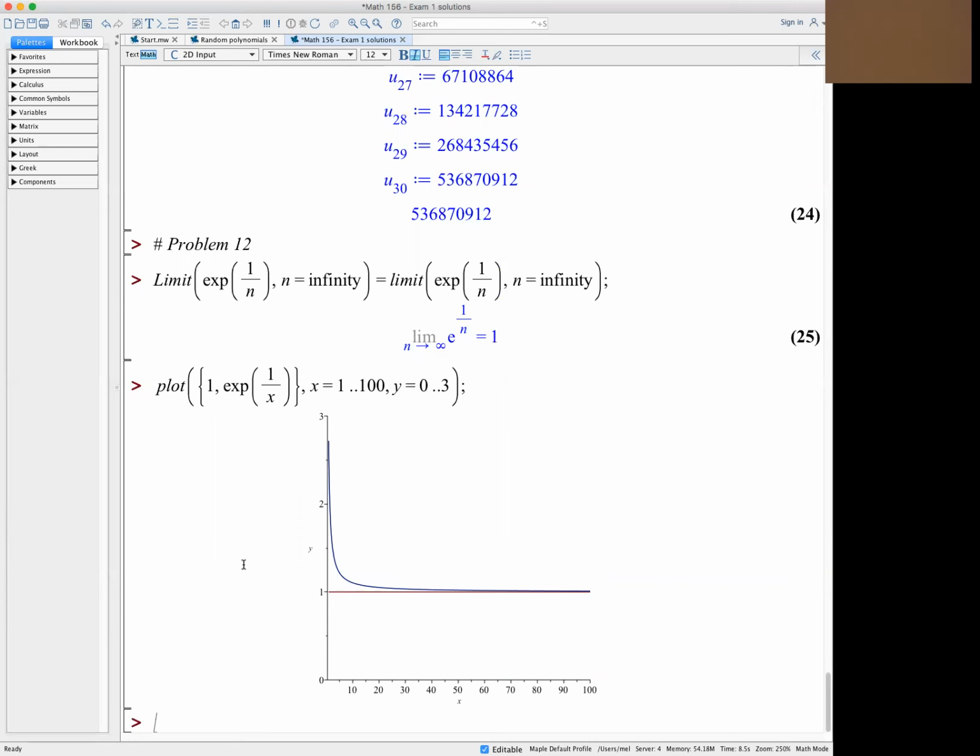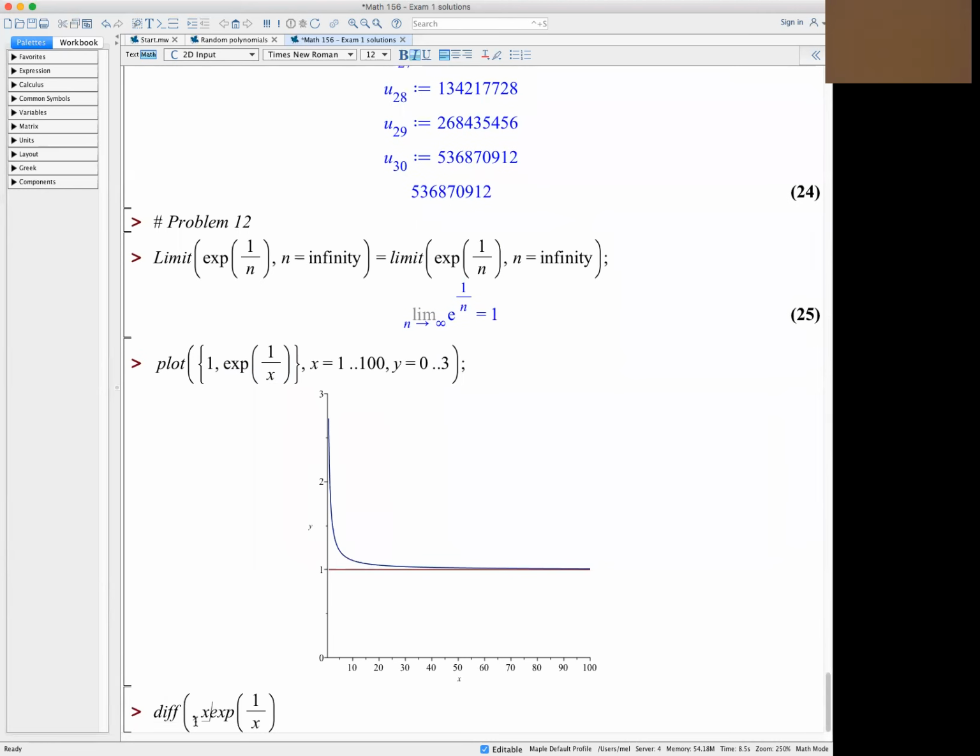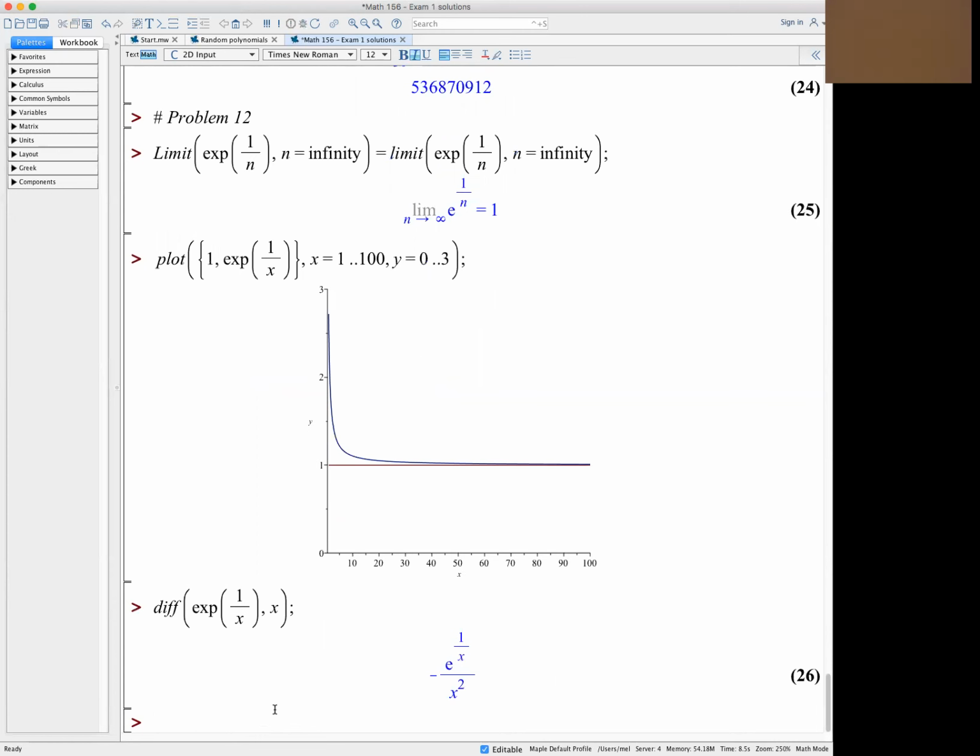If you differentiated the expression e to the 1 over x with respect to x, you see you get something.